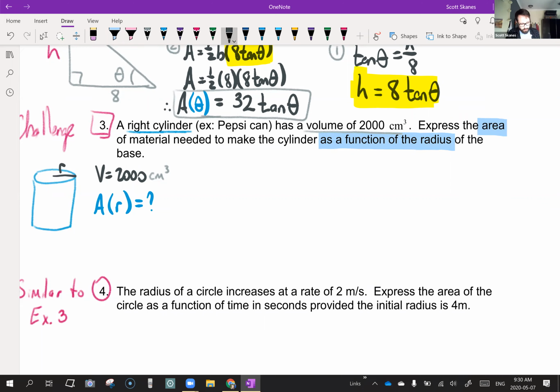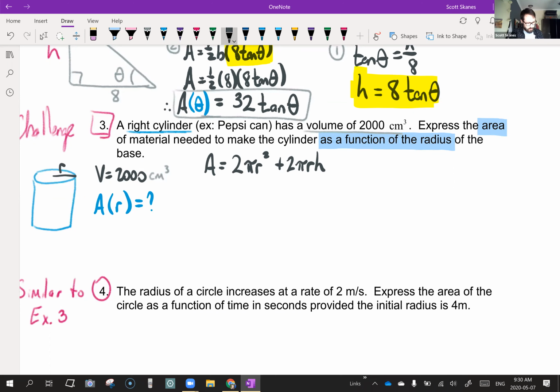First of all, what is the area of a cylinder? Well, I'm going to look back at my formula sheet from a couple pages ago. Area of a cylinder, surface area. Wait a second. Why wasn't that given? I'm going to give it to you. I don't think this was given anywhere.